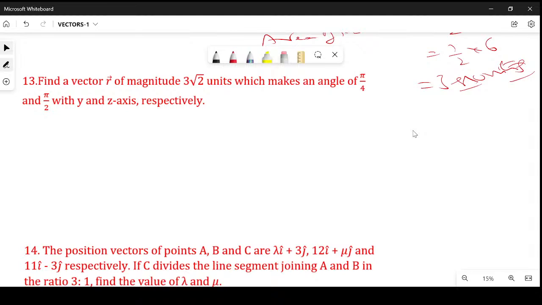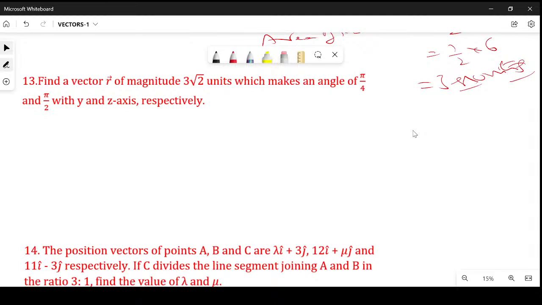So easily we can find here. If we consider alpha, beta, gamma as the angles made by the x, y and z axis, then I can use this concept to solve this problem. Let l, m, n be the direction cosines.